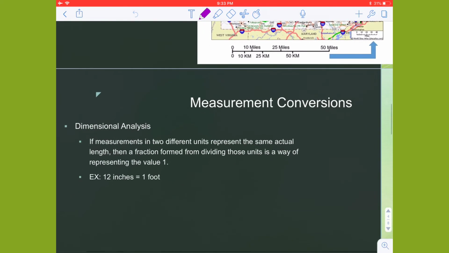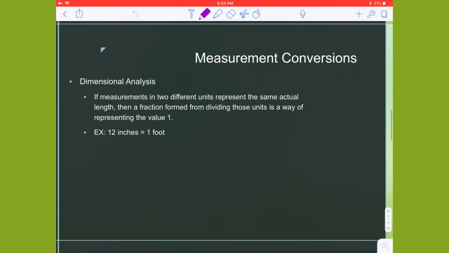So with that being said, we're going into the discussion of measurement conversions, because we can measure things in a lot of different ways, but sometimes we want it in a particular unit. Just to give you an example, maybe you're following a recipe and it's calling for a certain unit of sugar.